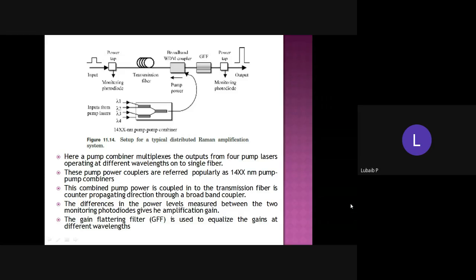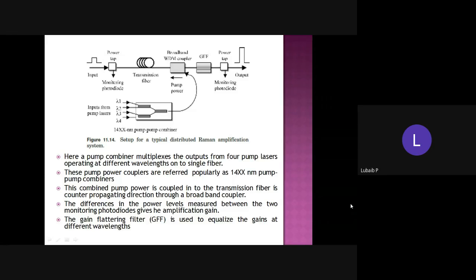The propagation direction of the signal is as shown, but the pump combiner output is in the counter direction. The difference in the power level measured between the two monitoring photodiodes gives the amplification gain.